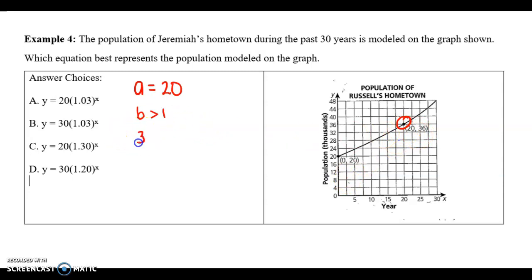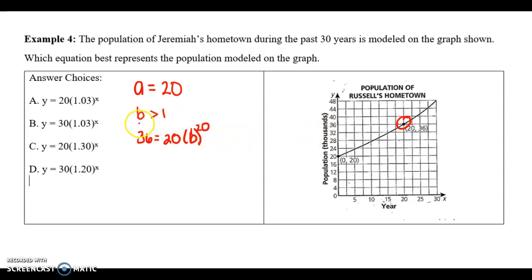So I have 36 equals A, which is 20, times B, which I don't know, raised to the X, and in this case, that's the 20 power.